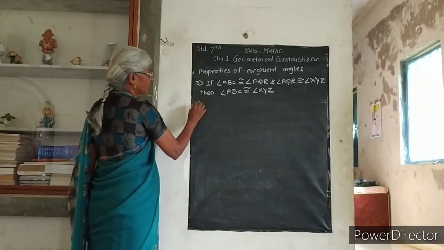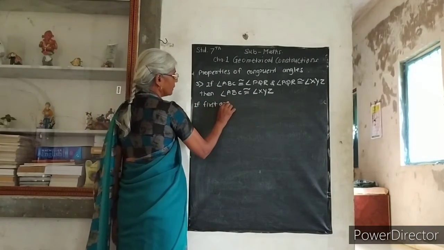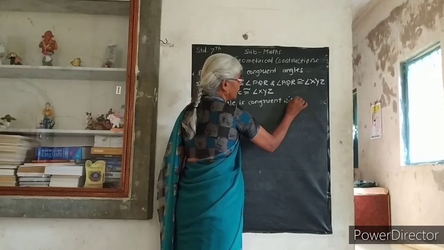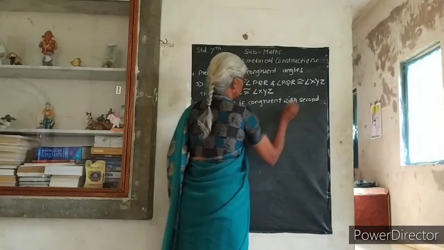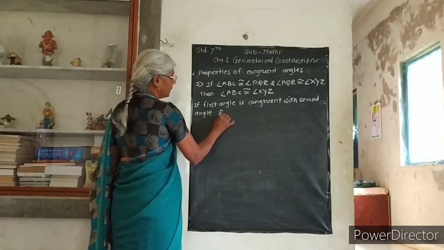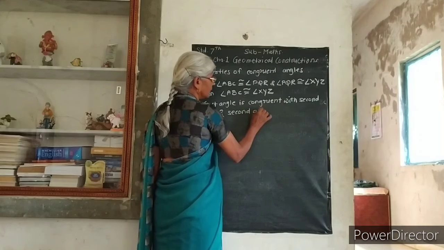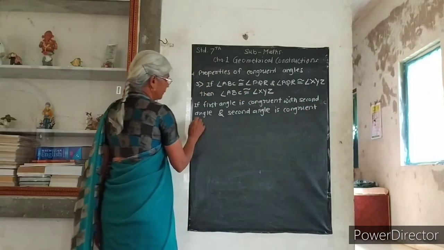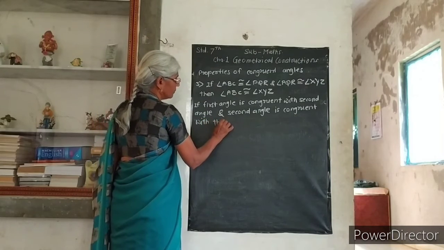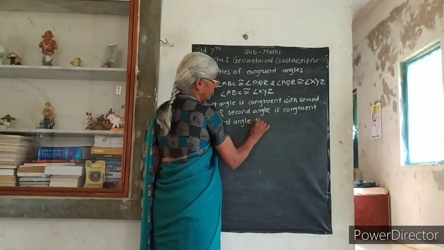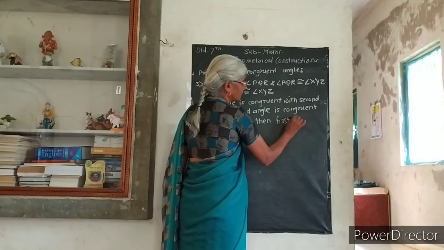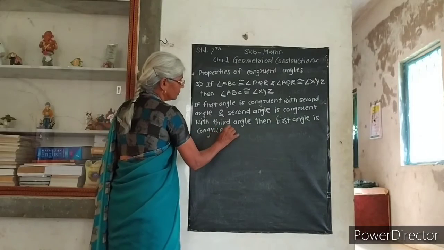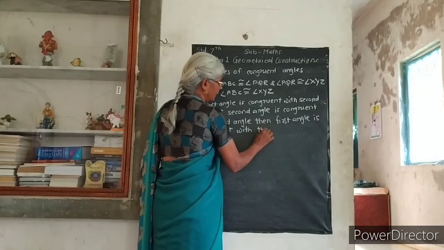Means if the first angle is congruent with the second angle, and the second angle is congruent with the third angle, then the first angle is congruent with the third angle.